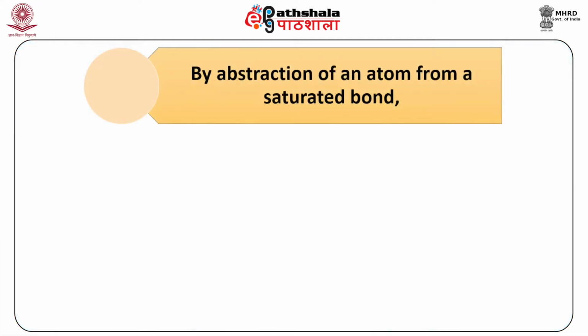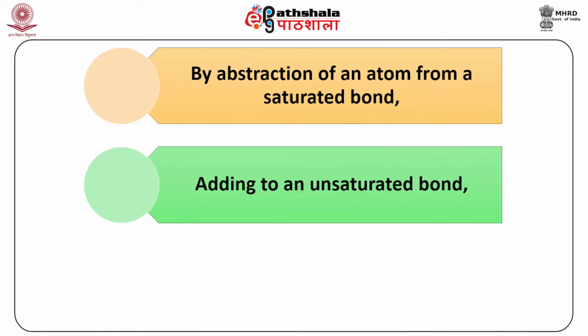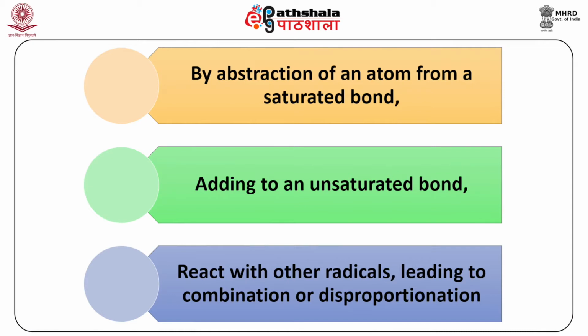Normally, radicals react in one of three ways: by abstraction of an atom from a saturated bond, adding to an unsaturated bond, or reacting with other radicals leading to combination or disproportionation. A fourth class of reaction is rearrangement. Rearrangements of free radicals are seldom observed; that is, such reactions are very rare.